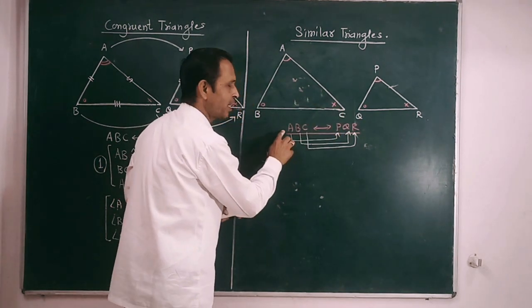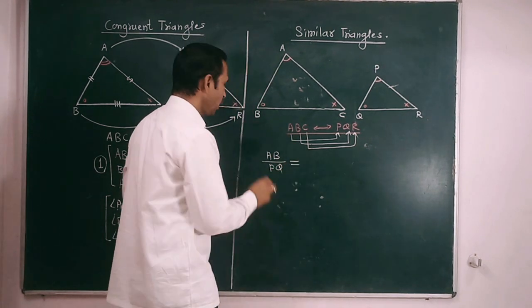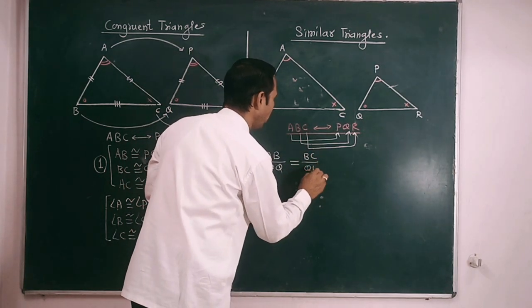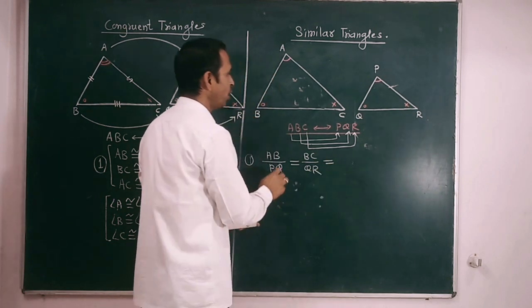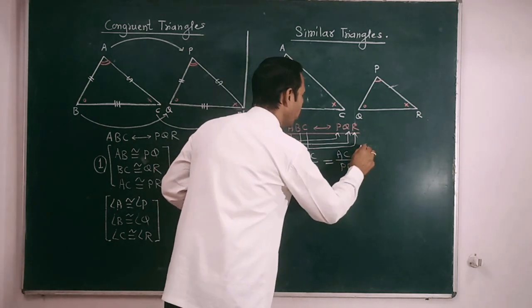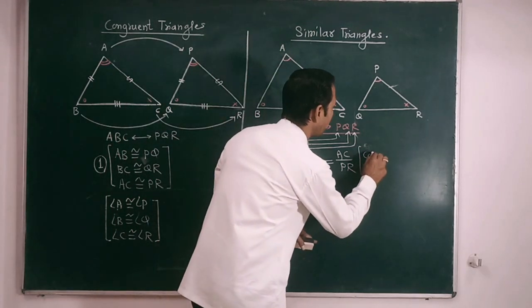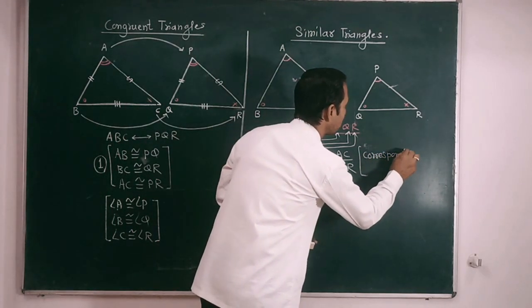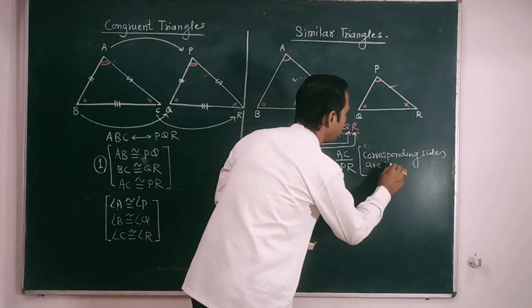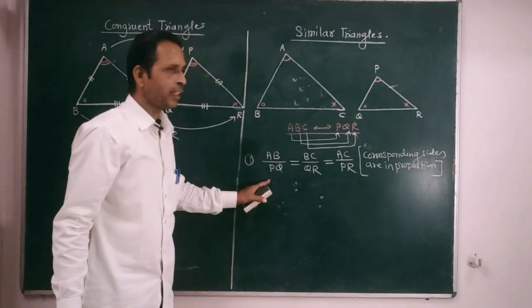According to this one-to-one correspondence, AB upon PQ is equal to BC upon QR, and again the third ratio, AC upon PR. This means we write that corresponding sides are in proportion.